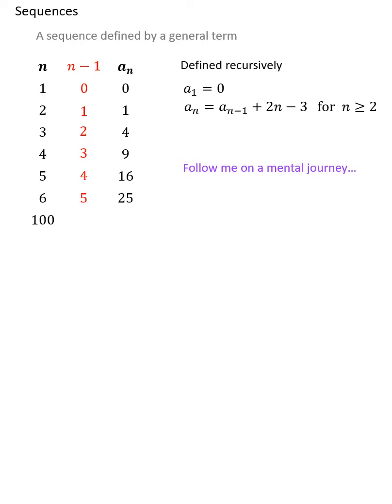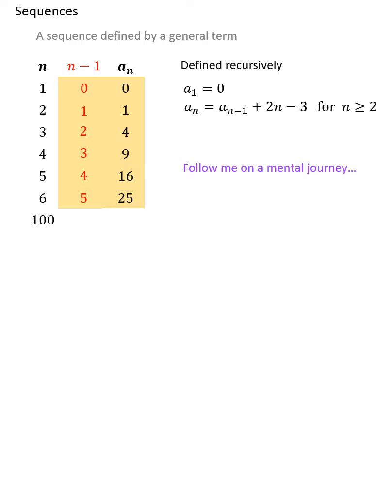I decided to subtract 1 because I noticed something. I noticed that if I subtract 1 from each n value, I see a very clear relationship here in the box between n minus 1 and the term value a sub n. Do you see the connection between the left and right column inside that orange box?